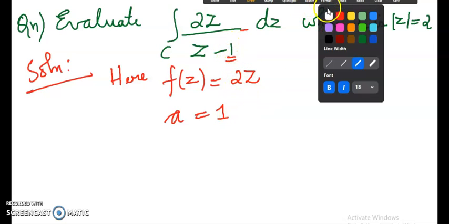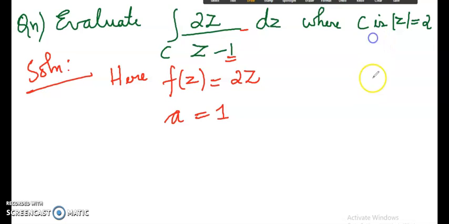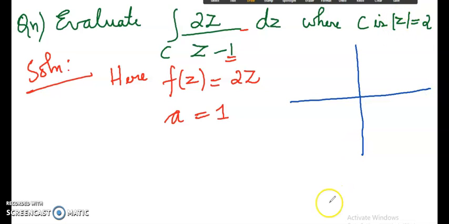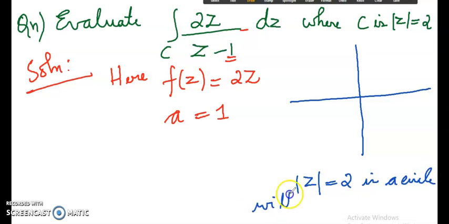Now let us draw this circle and identify whether it lies inside or outside. Modulus z is equal to 2 is a circle with center 0 and radius equal to 2.